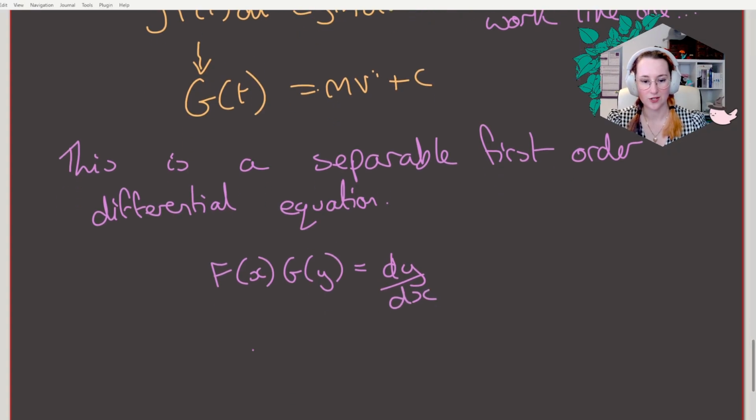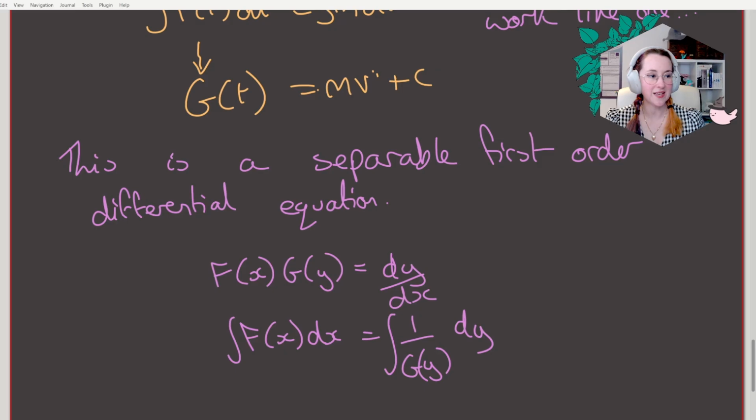And then you can always do f of x dx equals 1 over g of y dy. So basically, if you can split out your two variables to left hand side, right hand side, then you can cheat and you can do this.